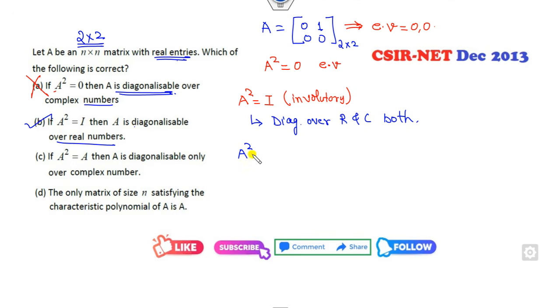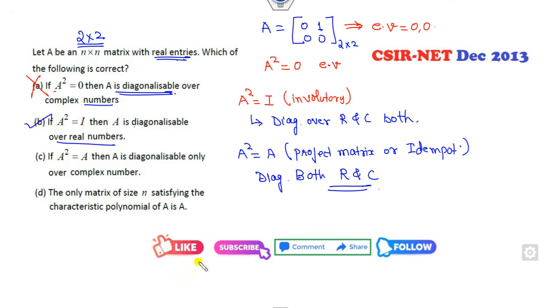A square is equal to A. This matrix is called a projection matrix, or also called an idempotent matrix, and this matrix is again diagonalizable over both R and C. It says it is diagonalizable only over the complex numbers. That's wrong.